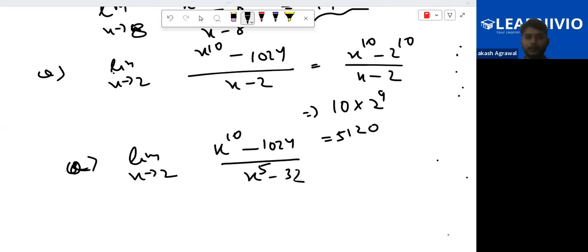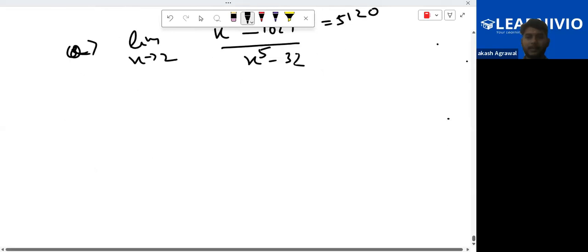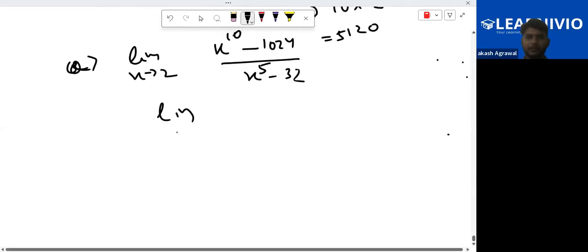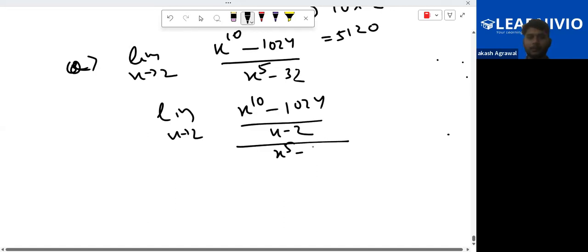Okay. In this type of question, we have to create the formula ourselves. So we have limit x tending to 2. We need x by 2, x minus 2 here. So we can divide by x minus 2 on both the terms, numerator and denominator, because they cancel out each other and it becomes the same thing.